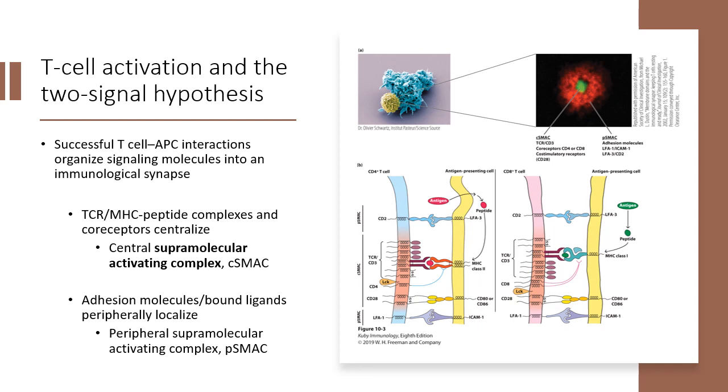But it's this clustering of T cell receptors and secondary activating signaling molecules like CD28 that really help to solidify and firm up this interaction between the antigen presenting cell and the T cell.